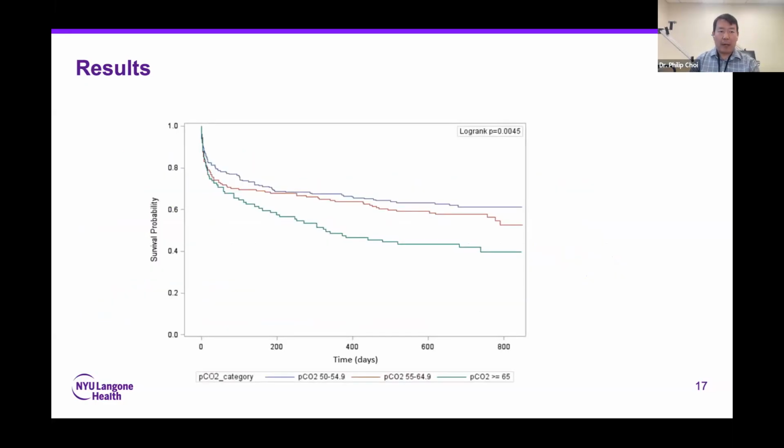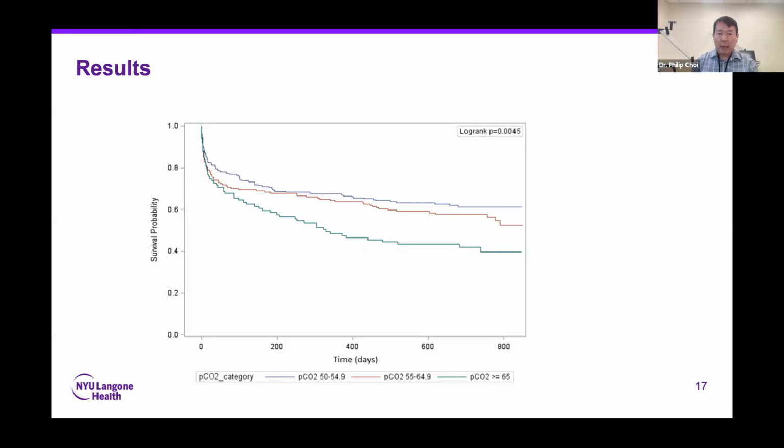And these are our Kaplan-Meier survival curves looking at various levels of PCO2. So you can see in the blue at the very top, those are patients with PCO2s of 50 to 54.9. The red in the middle is a PCO2 of 55 to 64.9. And the green at the bottom is a PCO2 of greater than 65.